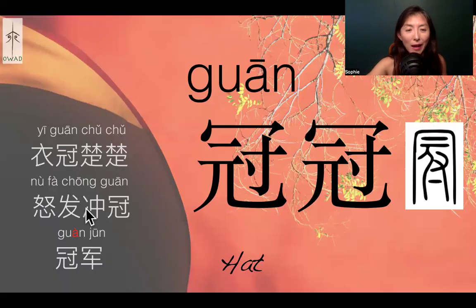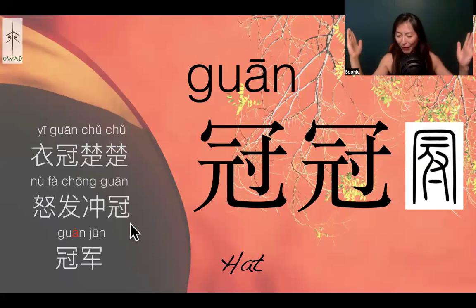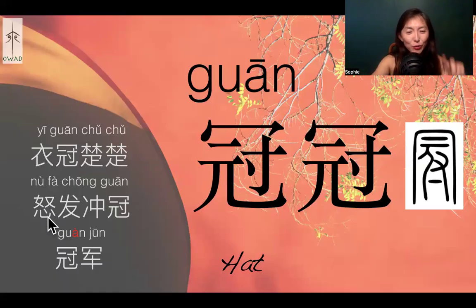Okay, 怒发冲冠 is a very dynamic expression in Chinese to describe when you get pissed. Like this kind of amp out your piss level so that you're angry here. 怒, angry here. 冲, rush toward your head.